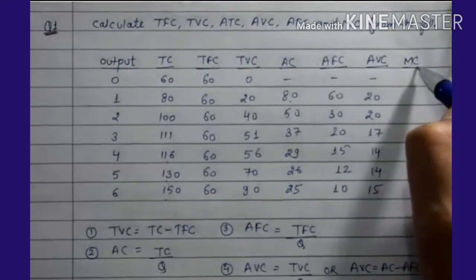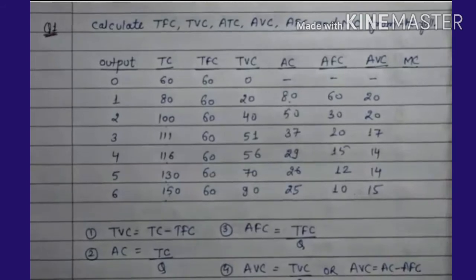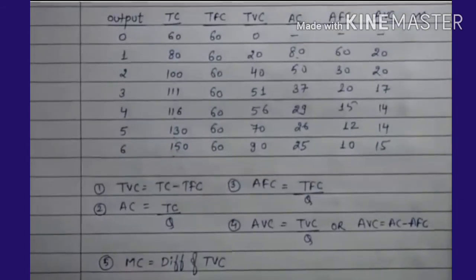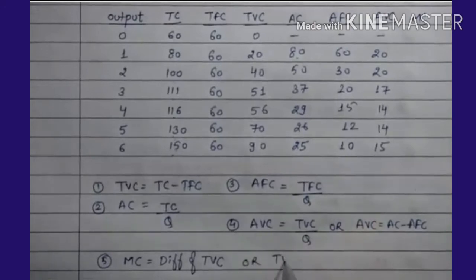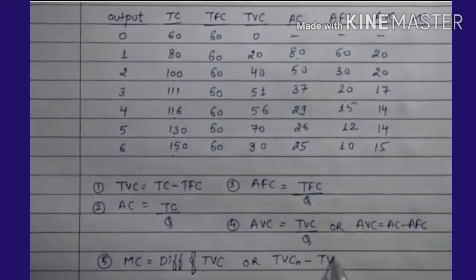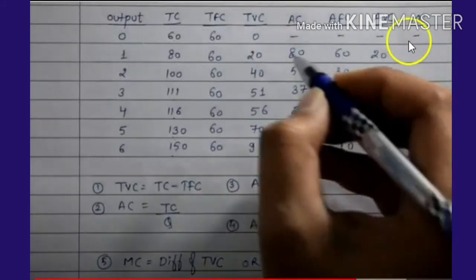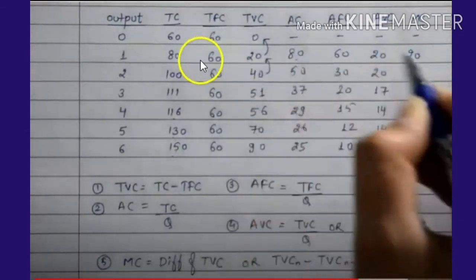So next column is MC. You have to find MC. So what is MC? You know, delta TC, change in TC by change in Q, that is change in TC by change in output. That's MC, or otherwise you can just say the difference of TVC. It's a difference of TVC. It's MC. Okay. So first you can just find it's a 20.